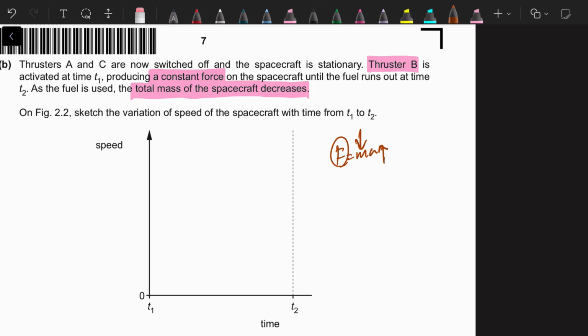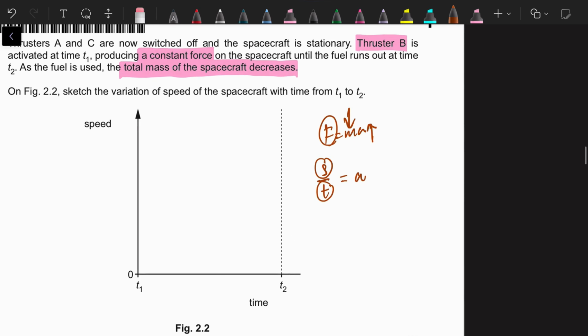And we know the gradient of a speed against time graph is acceleration, because the change in speed over the time interval gives you acceleration. So acceleration is increasing, therefore we have to draw a positive increasing gradient graph, which is something like this.